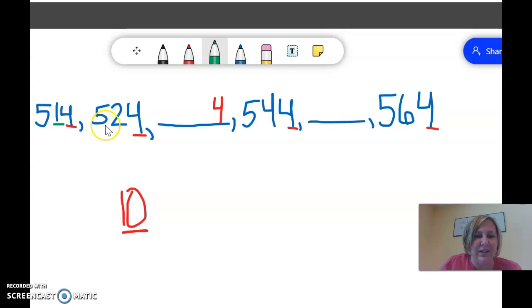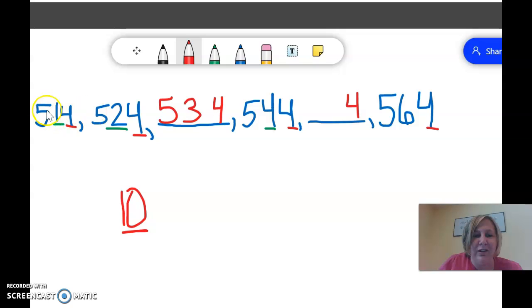514, so that's 10. 524. What's going to come next? Good. 534. 544. And I know this is going to end with which digit? The 4 in the ones.